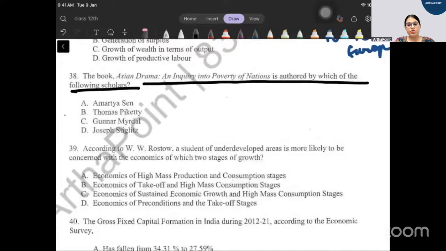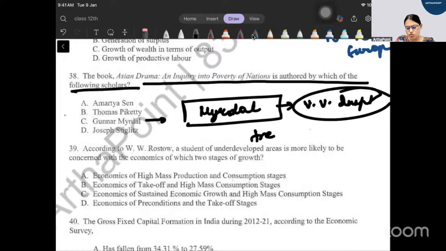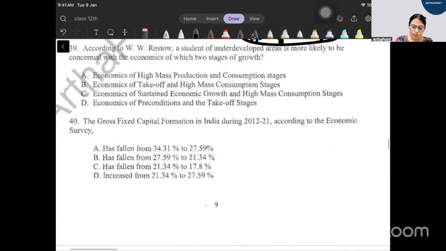You have to remember this. It was written by Gunnar Myrdal. This is very, very important, one of the frequently asked questions from books and their authors. Okay? Okay. Do question number 39 now.